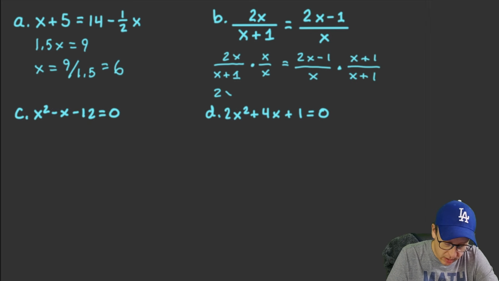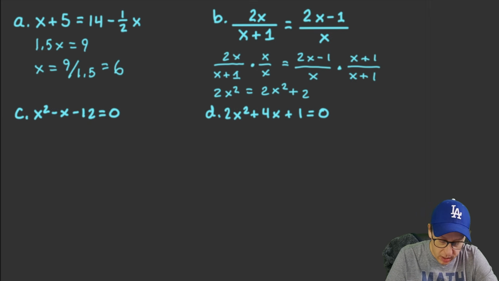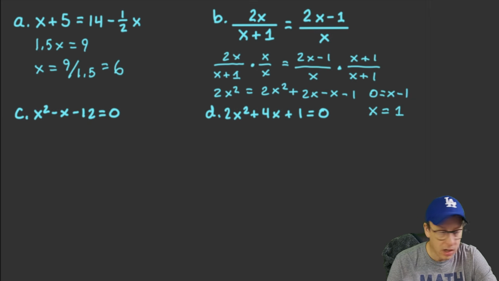This is then going to work out to be 2x squared equals 2x squared plus 2x minus 1, and that means that 0 is equal to x minus 1, which means that x is equal to 1. I sort of got everything fitting in there. Okay, any other questions?